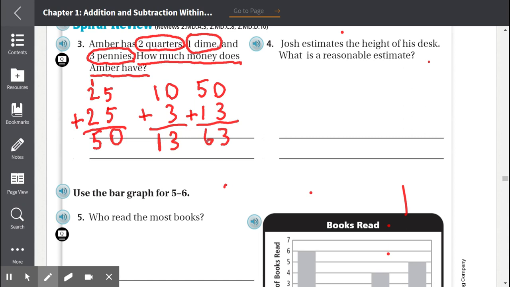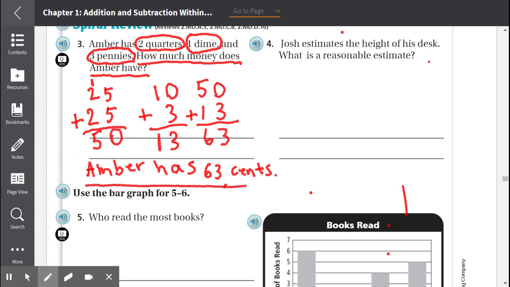So how much money does she have? Amber has 63 cents. She has 63 cents. That is our answer.